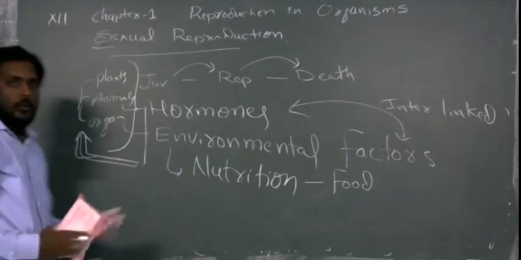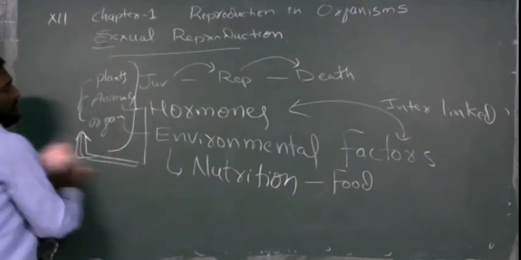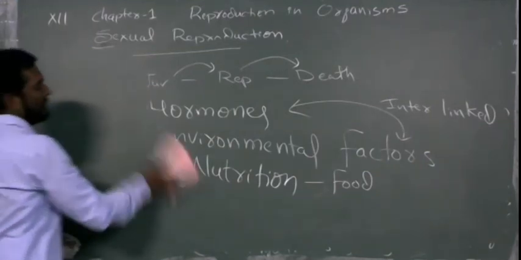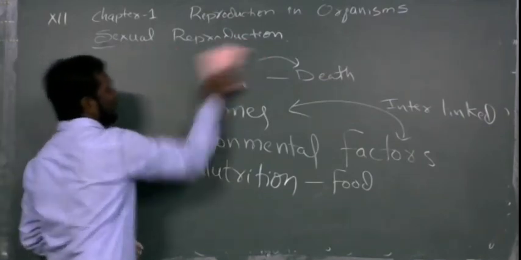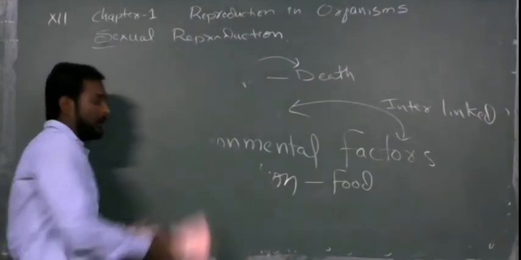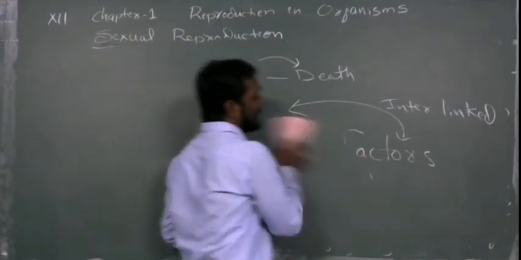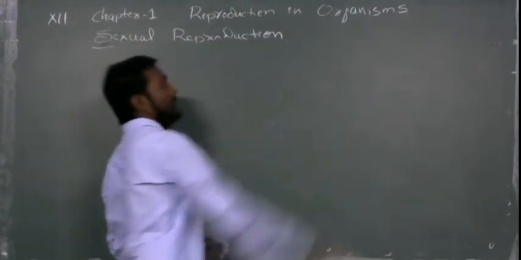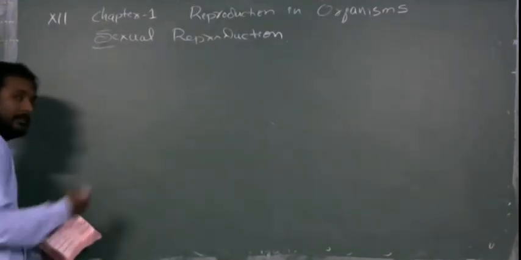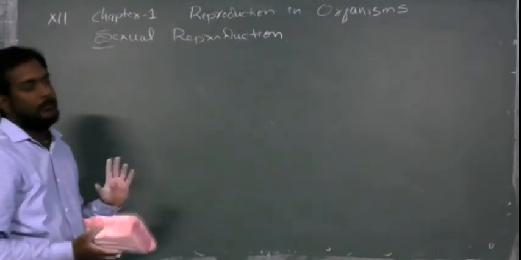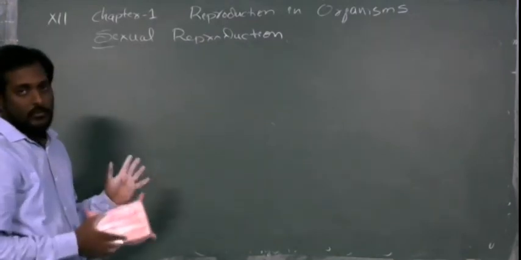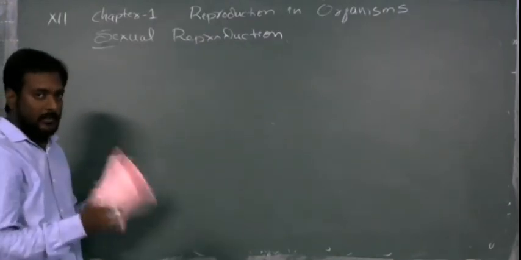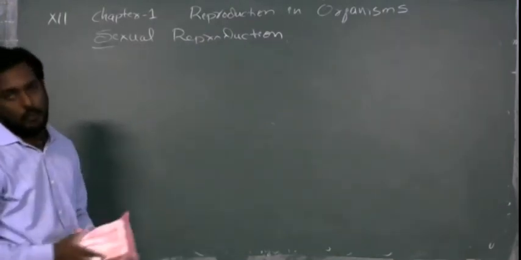Hormones are very important in any animal and in plants. Even plants depend on hormones to convert from the vegetative to the reproductive phase. For example, in biennials, in one season they are vegetative and in another season they are reproductive, because in that time the hormones have to be produced.